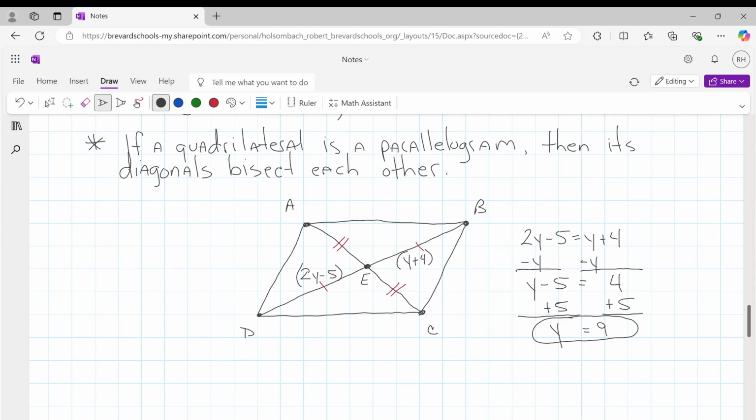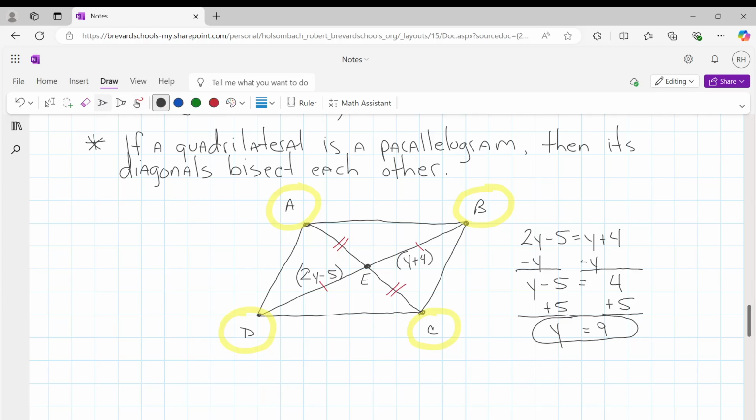Now, a couple people asked me yesterday, when they say solve for each variable, do they mean these letters? These letters that I'm circling are not variables. Those are the letters that represent the vertices of the parallelogram.